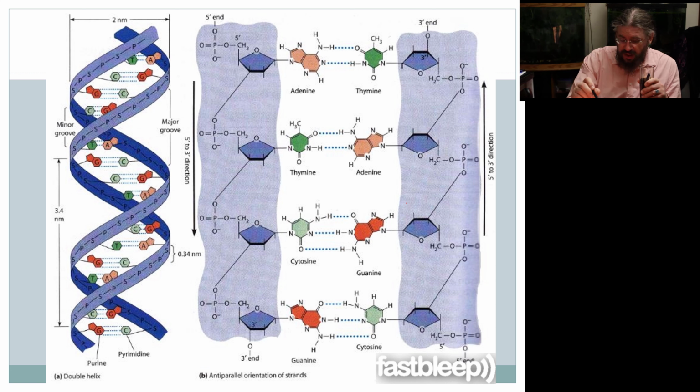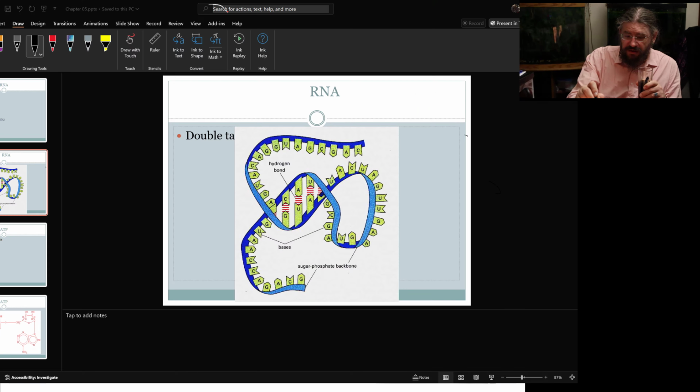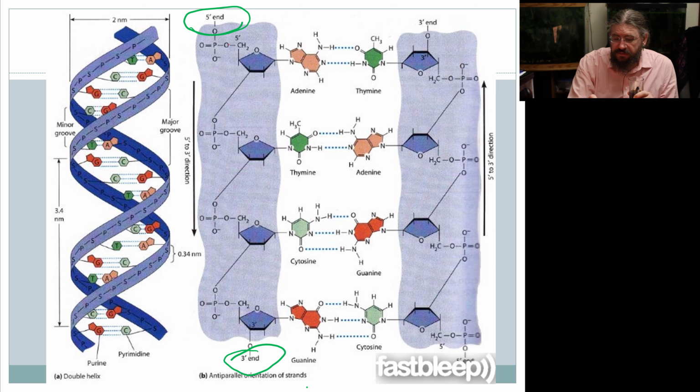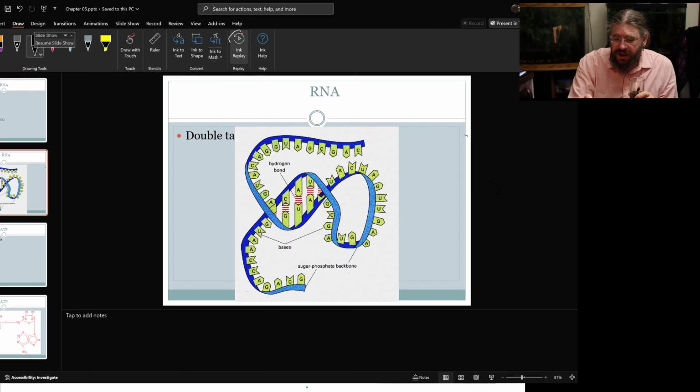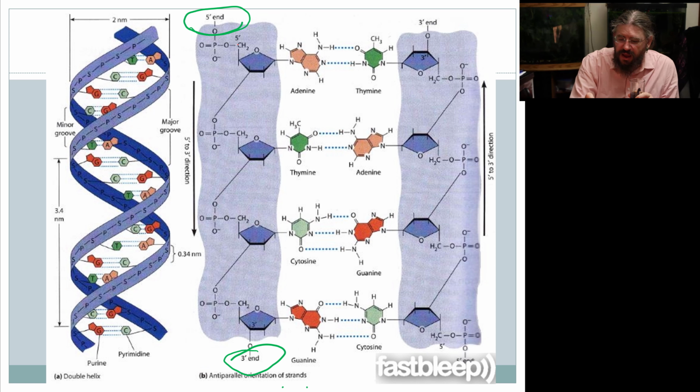So you can see we have our 5' and 3' end. Phosphate is always bonded to the 5' carbon, and then connects a 5' carbon to a 3' carbon.